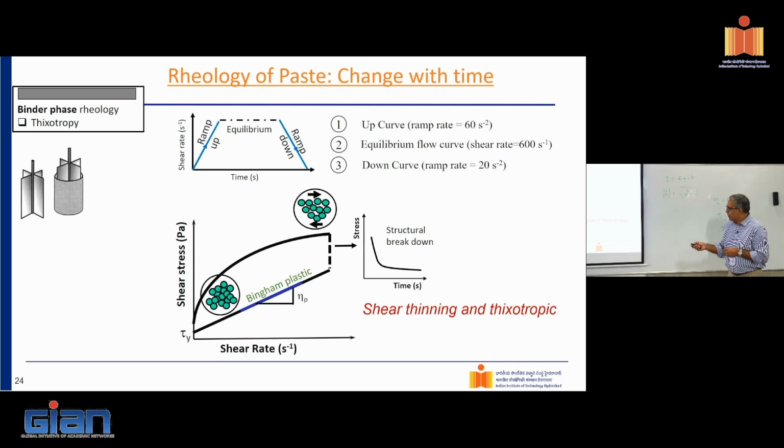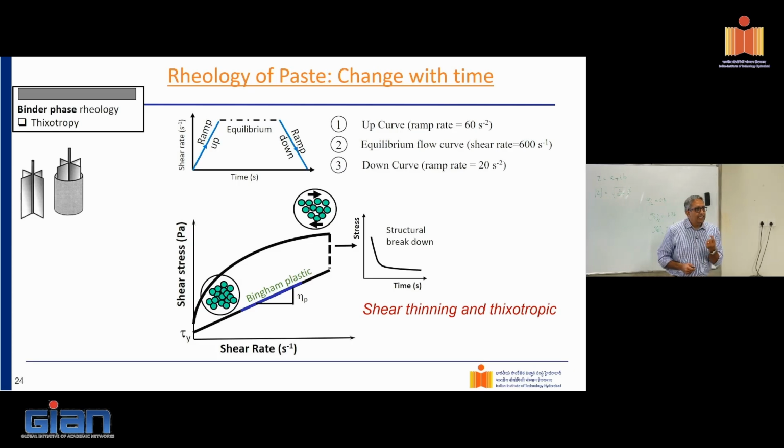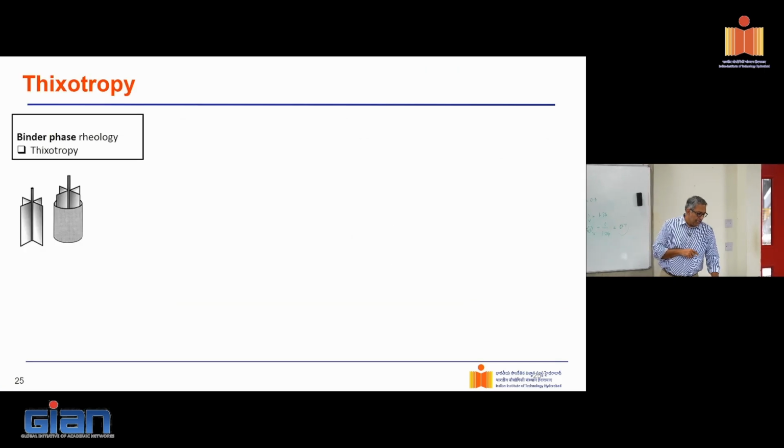And that is why you see the resistance breaking down, because when you keep shearing it at a constant strain rate, you have a certain size of flocks that's formed. Those flocks slowly start decreasing in size. They start breaking up, and you see the resistance breaking down. Okay. So this fundamental difference between thixotropy and shear thinning should be clear.